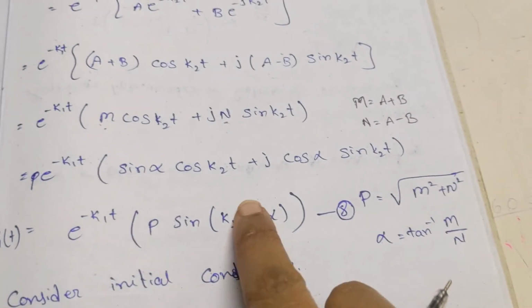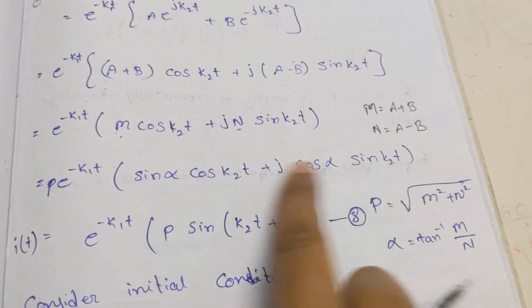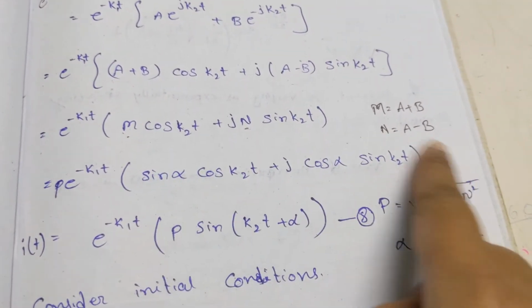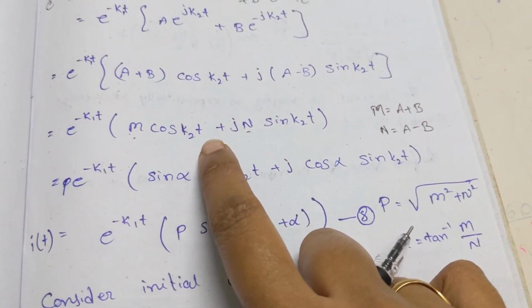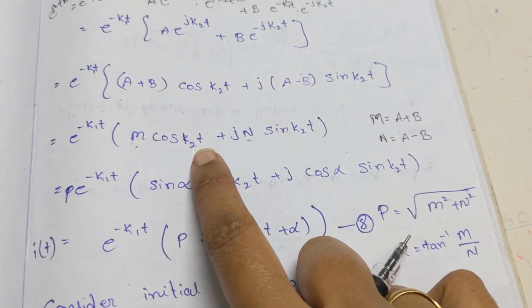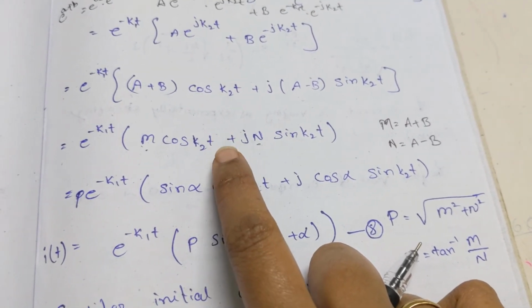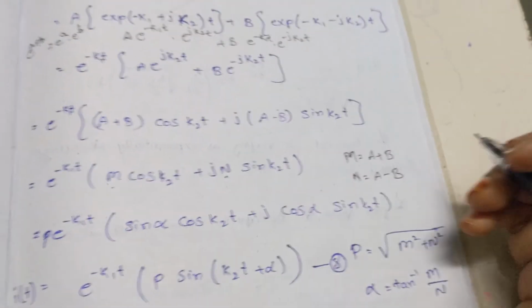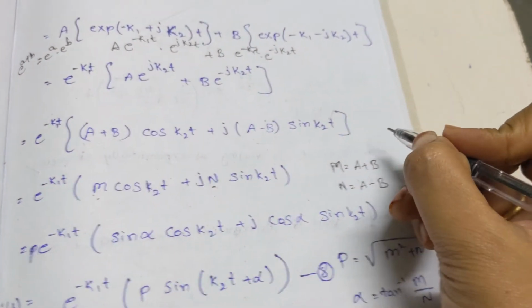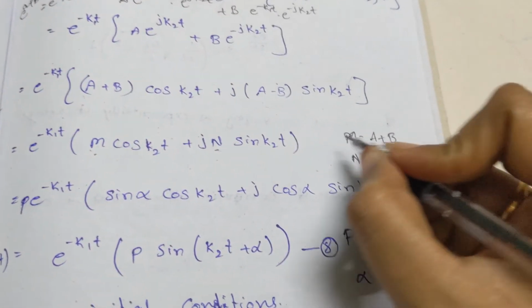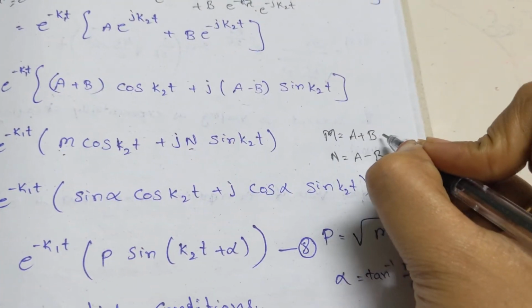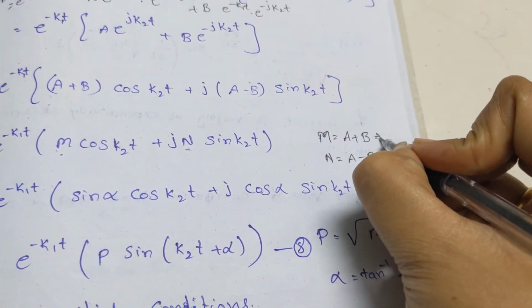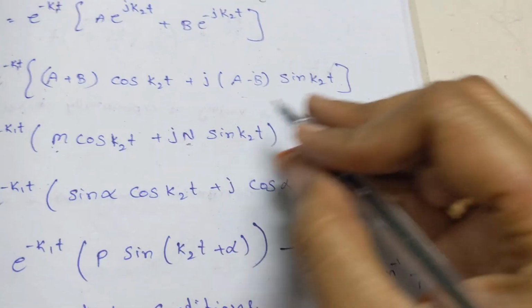To get this entire equation, we need to have it as a sine term. Whatever the waveform is, we represent it in terms of sinusoidal. This m should be represented as a sine wave, the total expression.